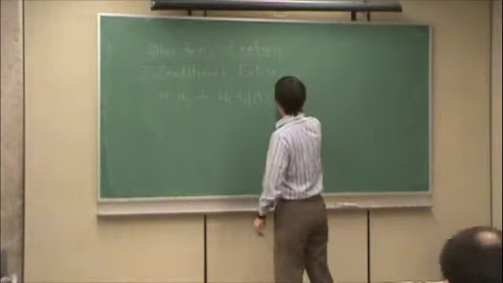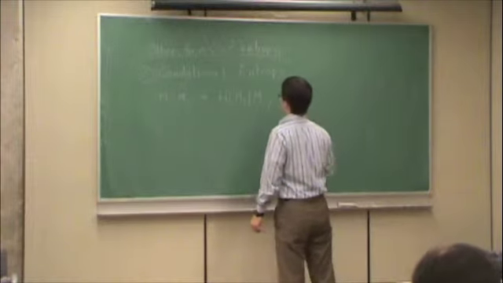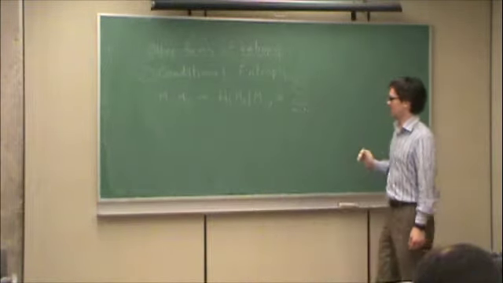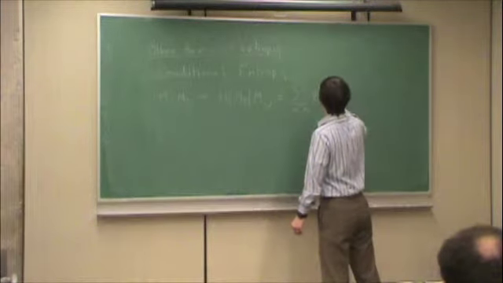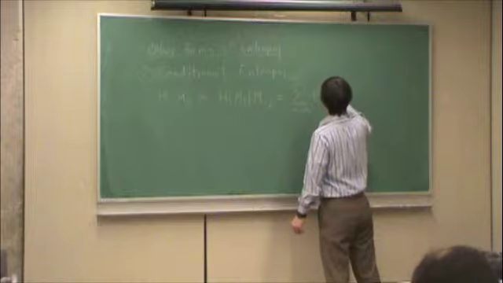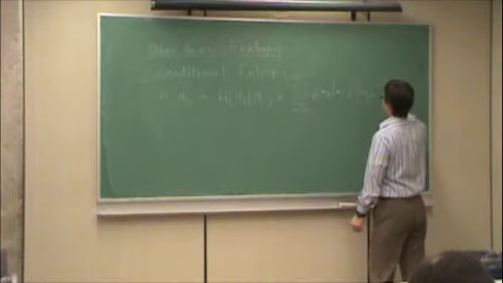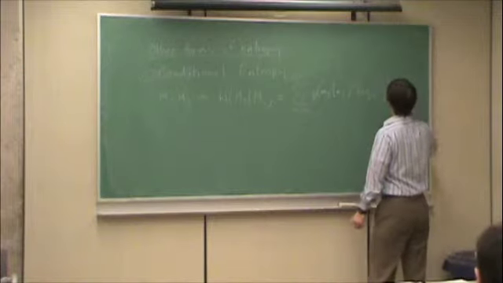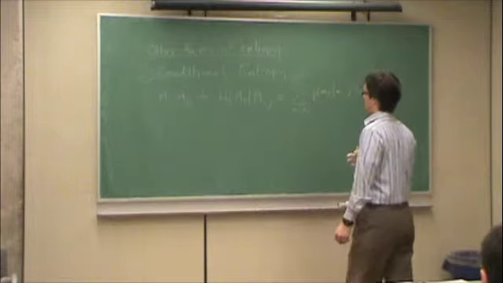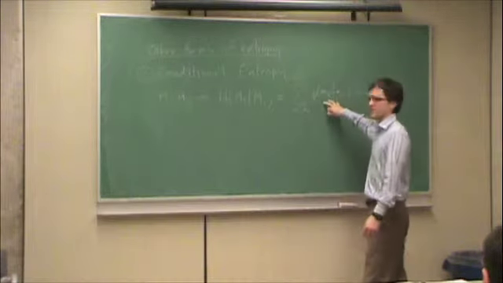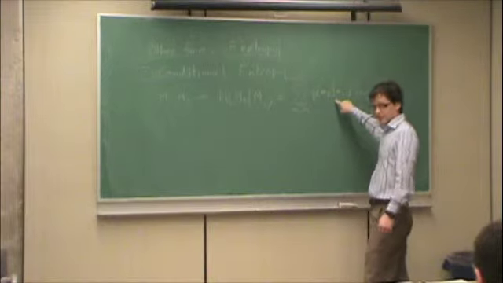This is given by sum over all possible M1 and M2. Okay, so you might be tempted to think that it's given by this. In other words, when I did joint entropy, I substituted the individual entropies with the joint entropy.